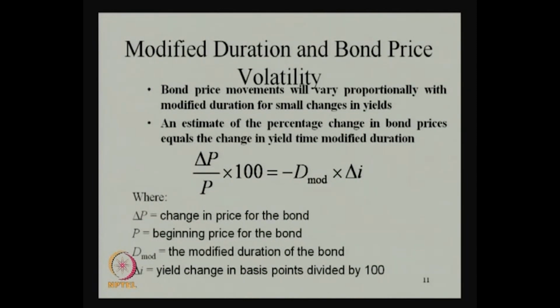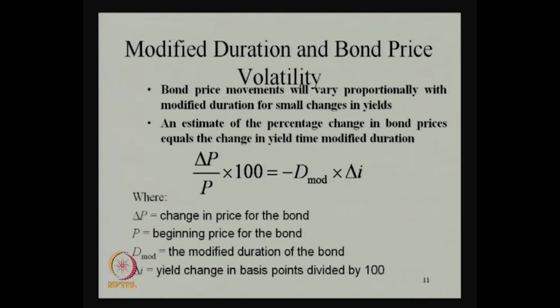If you want to estimate the percentage change in bond prices, it equals the change in yield times the modified duration. So you can multiply the modified duration with the change in yield, and that will give you how much the price has changed.